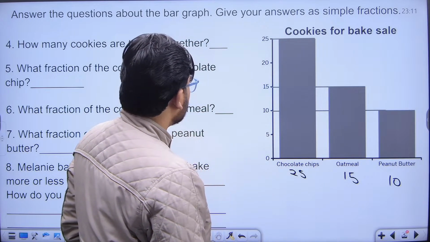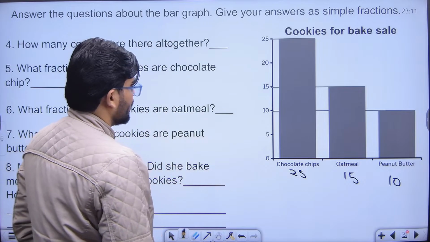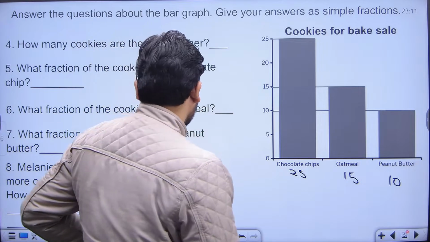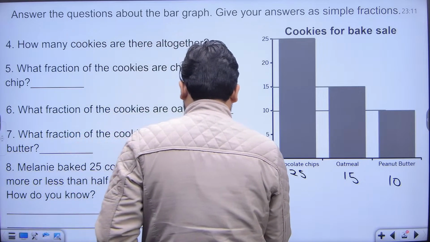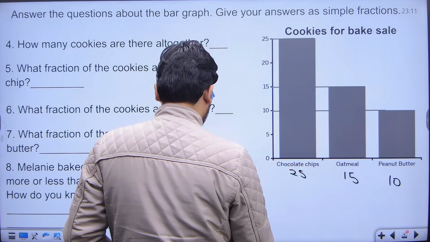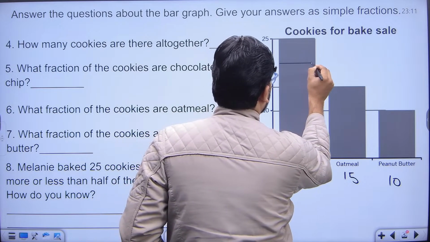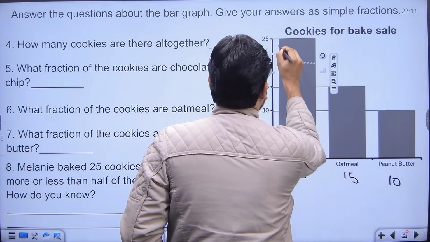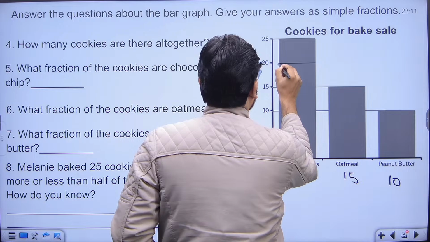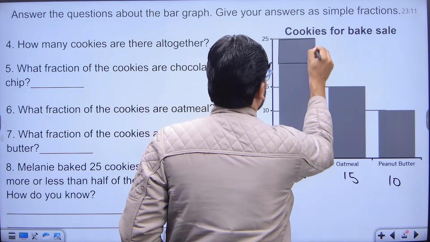I think there is some mistake I have done. This was not 25. This was actually 20. I'm sorry, I made a mistake while putting the graph.